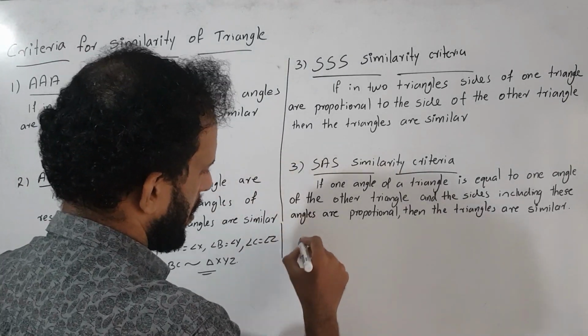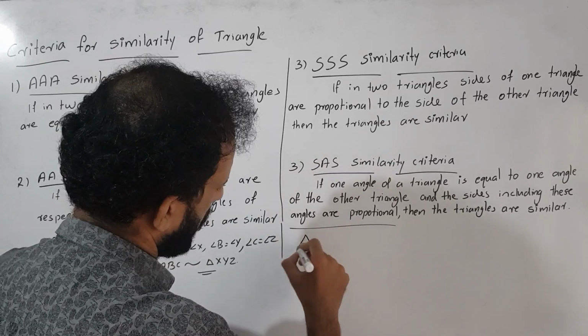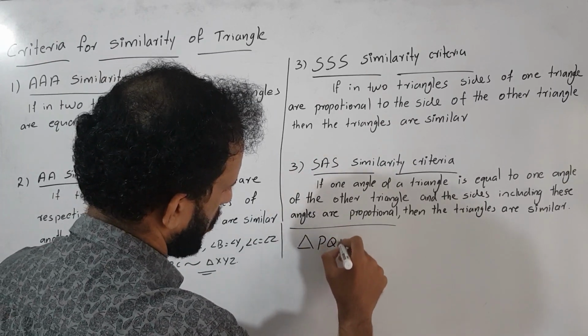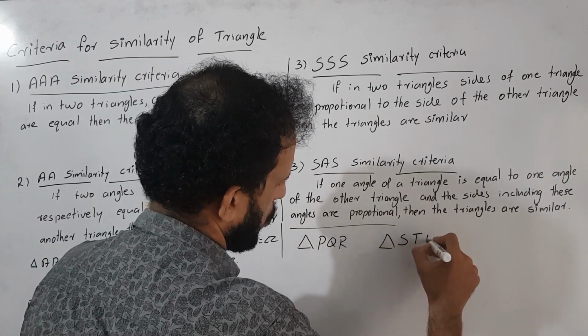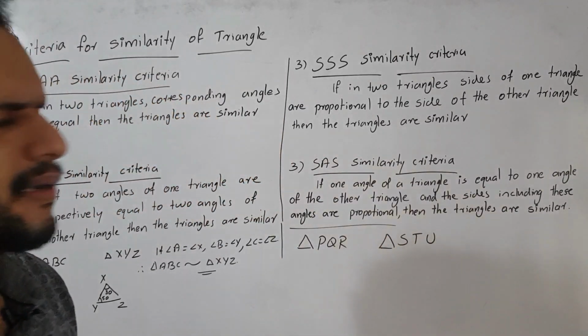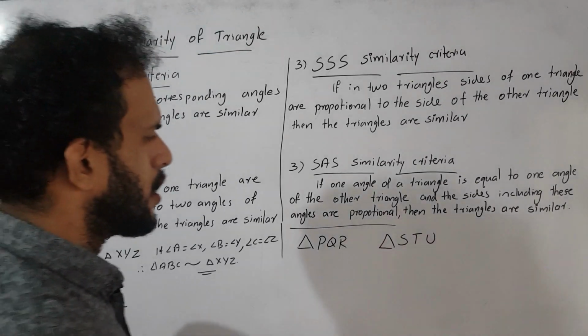In the example, triangle PQR and triangle STU. What are the corresponding sides?